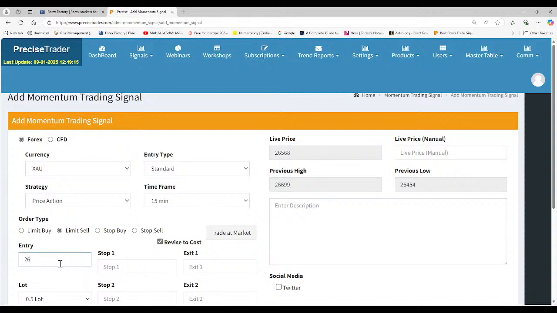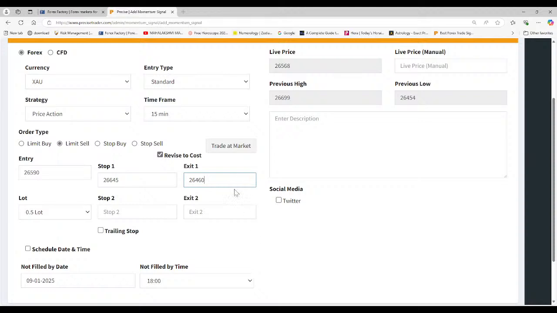Stop has to be 2664 half. That means there's about $5.5 risk.